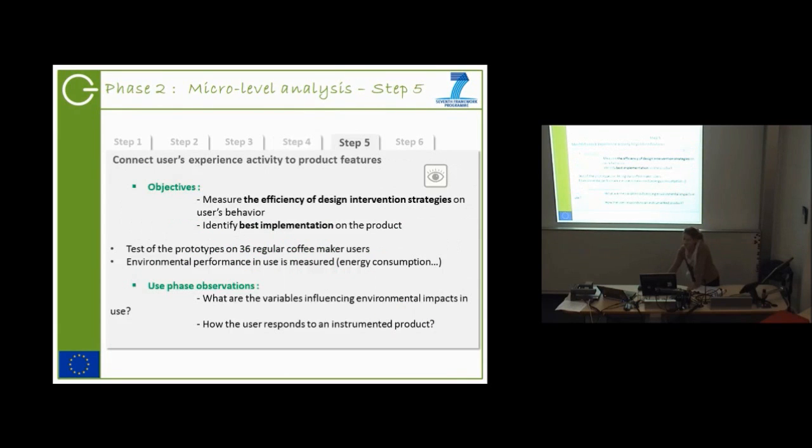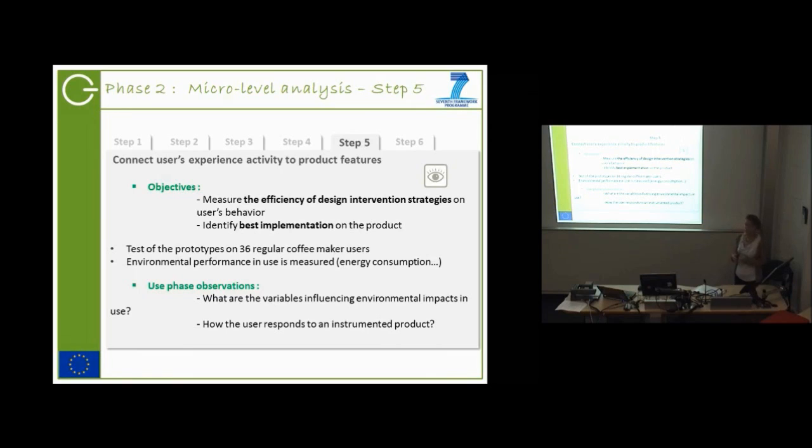Step 5 is to test these strategies on the product and see which one can be implemented. The objective of this step is to measure the efficiency of the design intervention strategies that we selected and to identify the best implementation on the product. In our case, we tested all of the prototypes on 36 regular coffee maker users.